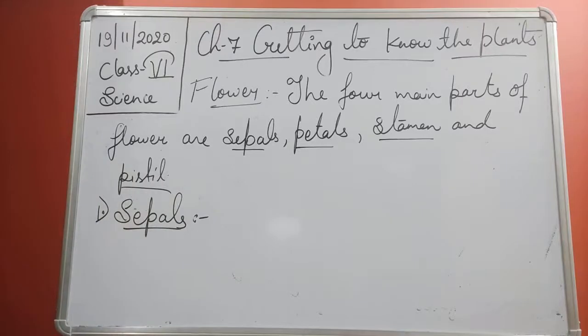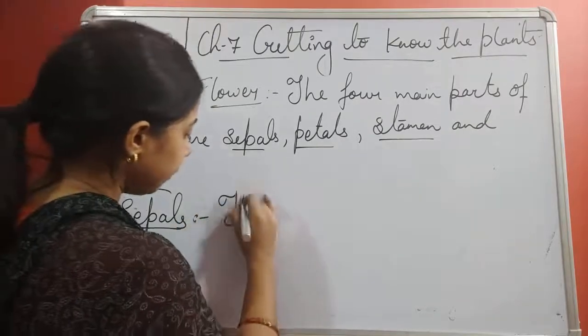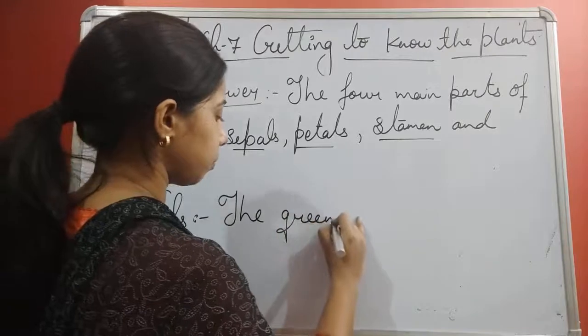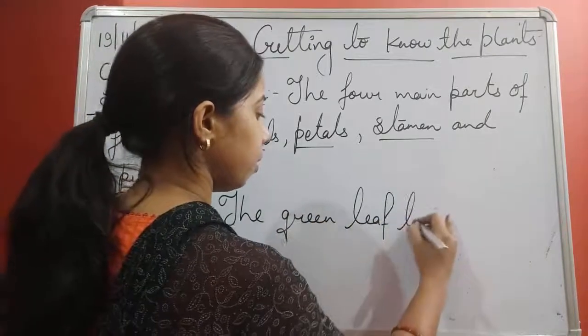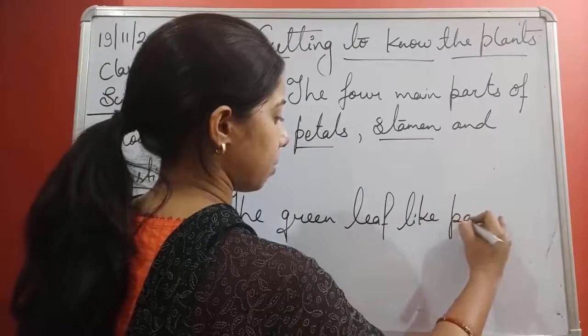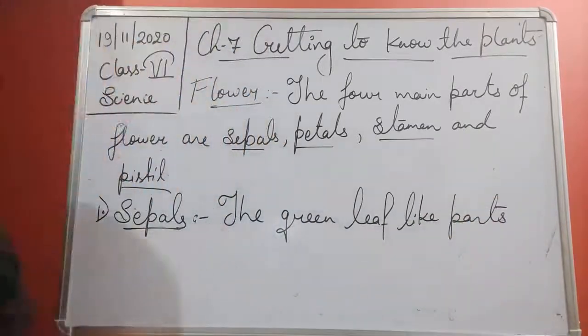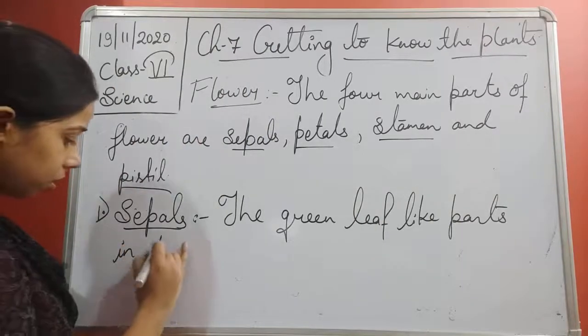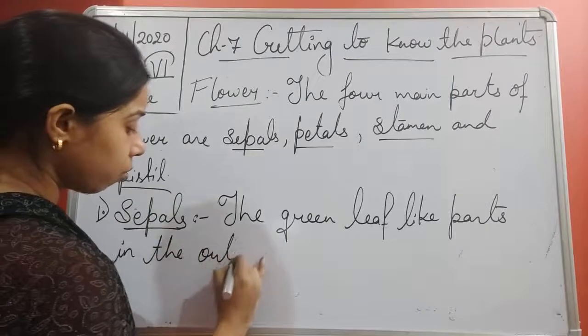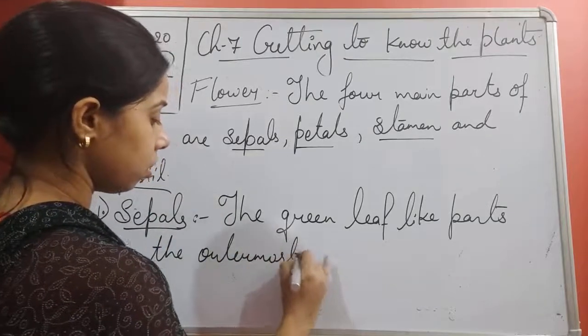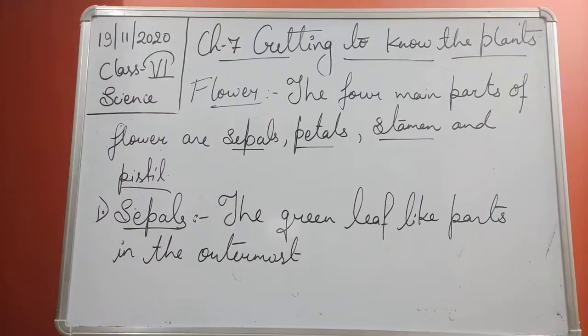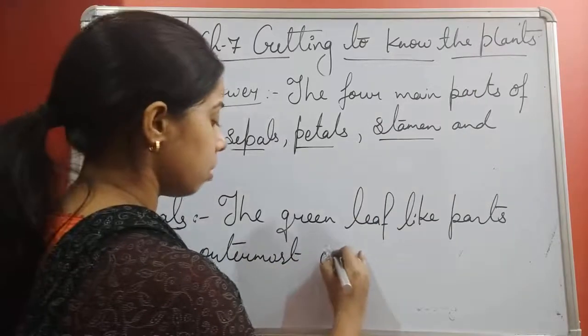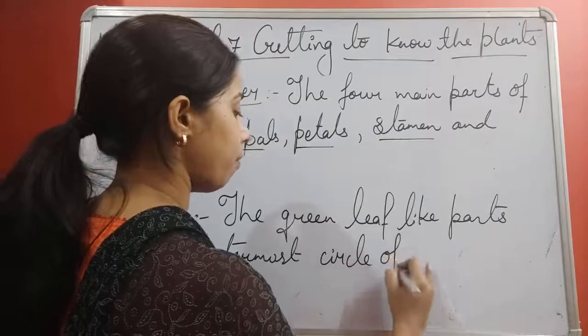So on that basis, we can write it: the green leaf-like parts in the outermost part of the flower or outermost circle of flower.